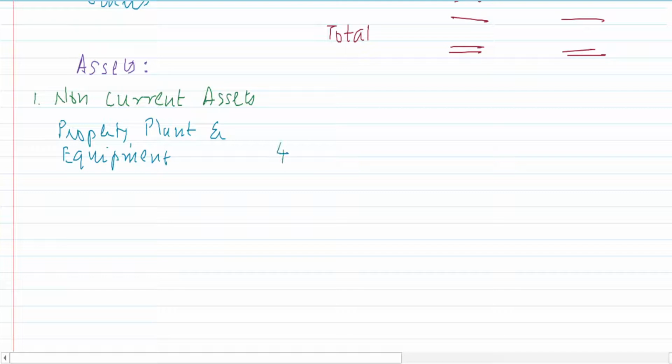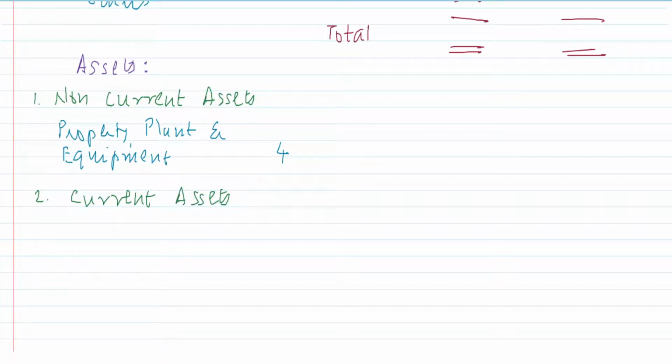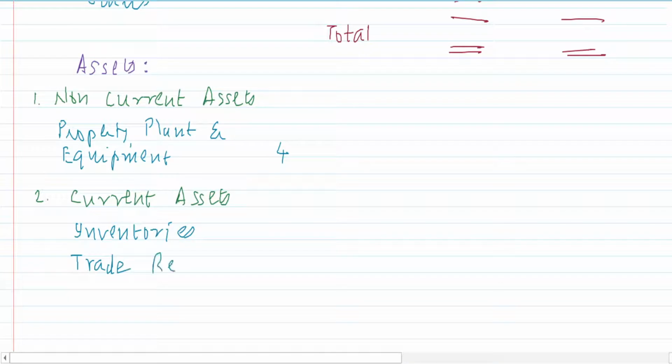So I'll say note 4. Then I'll say 2, current assets. Current assets. I'll show here inventories, trade receivables, cash and bank.